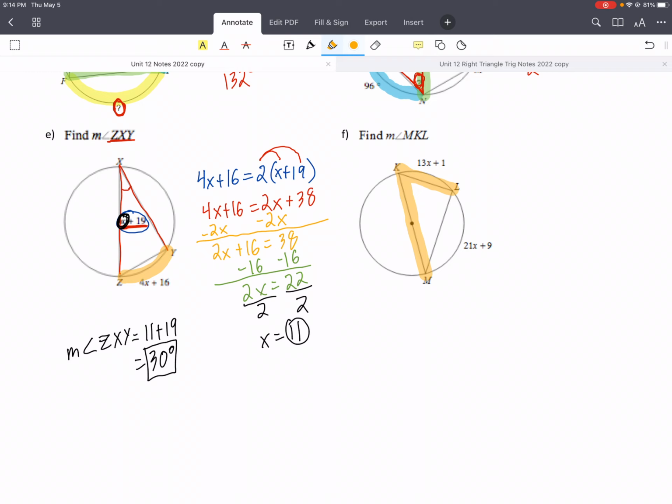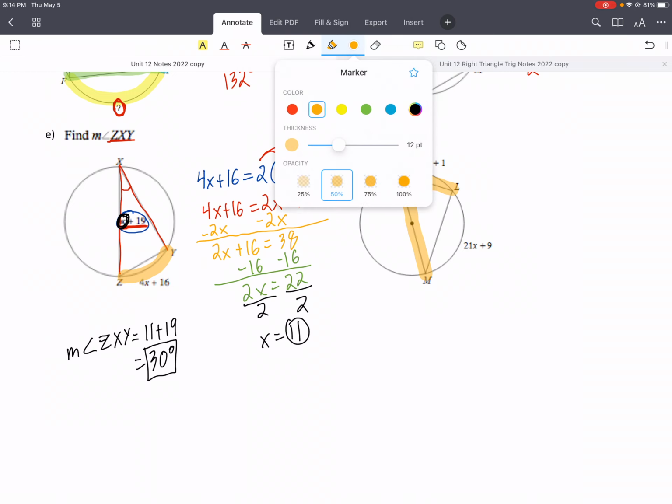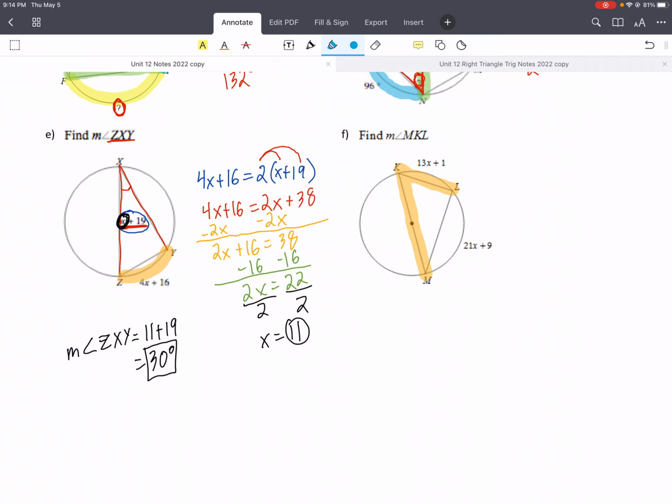But notice, one thing we have to notice now, so notice that MK is a diameter.